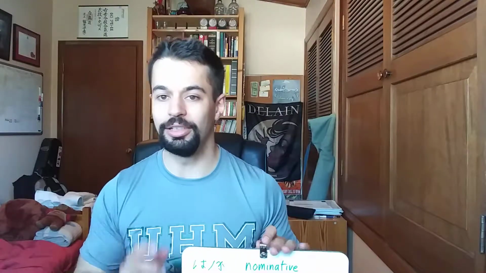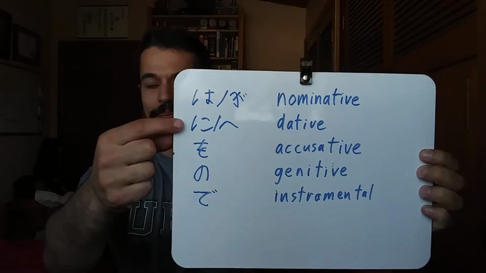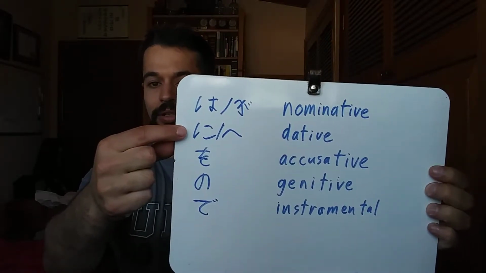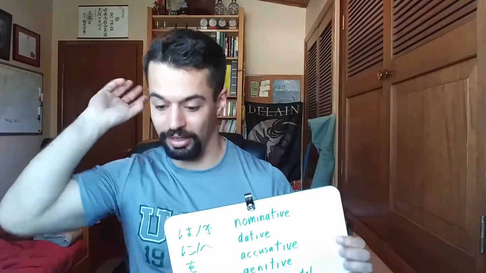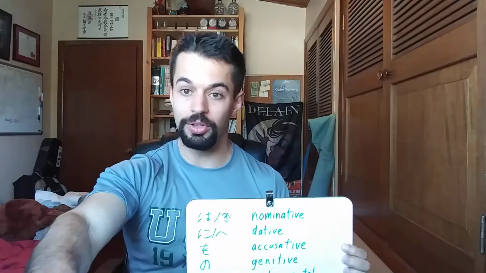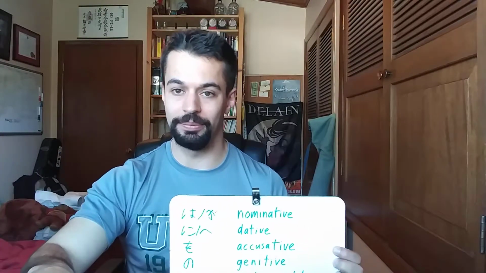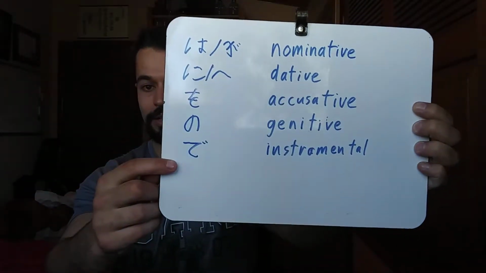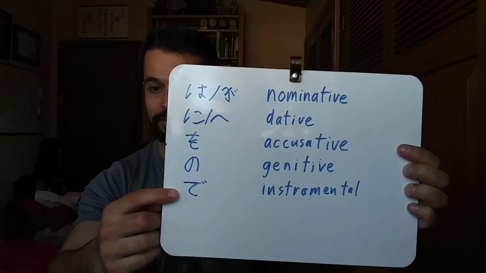And a really good example, from one class that I was in. If you say, kawa ni ishi o nagemasu. Kawa, river, ishi is stone, nagemasu is throw. I throw a stone into the river. So the river is your target of the throwing action. De, on the other hand, if you said, kawa de ishi o nagemasu.